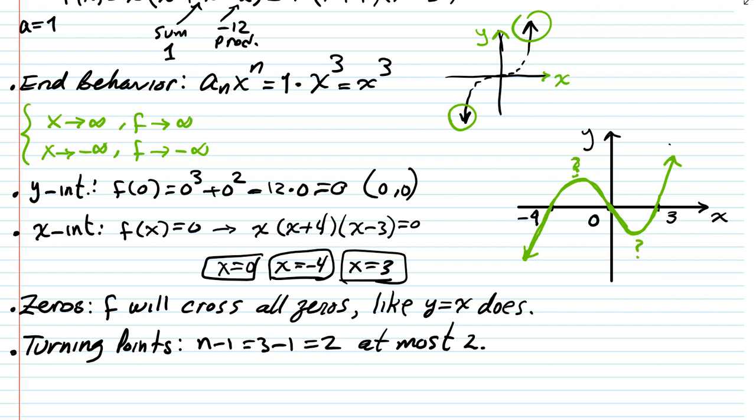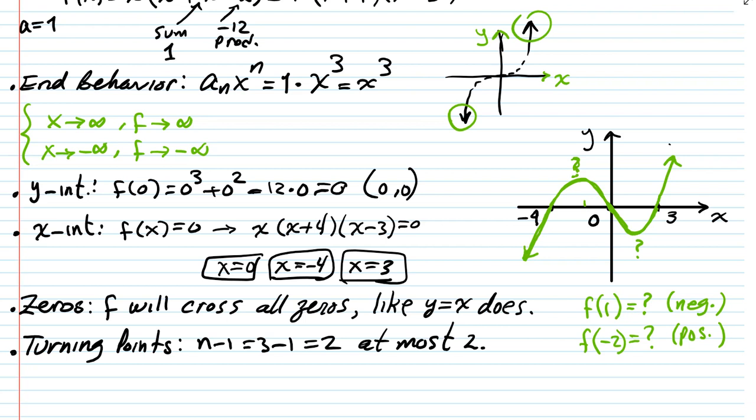You're welcome to, for example, I haven't, but you can do f at 1 and see where the function is. It's going to be somewhere in here, right? I bet you the answer is going to be negative. And do f at negative 1, negative 2, something like that. F at negative 2, I bet you that answer is going to be positive.